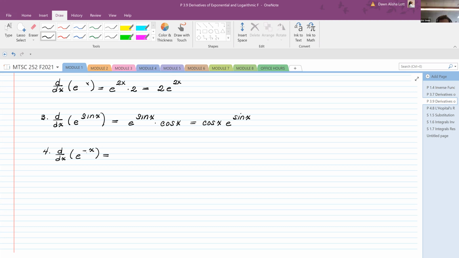Will it be negative e to the x? Okay, good. So I'm going to get e to the negative x, but the derivative of negative x is just -1. That's it.